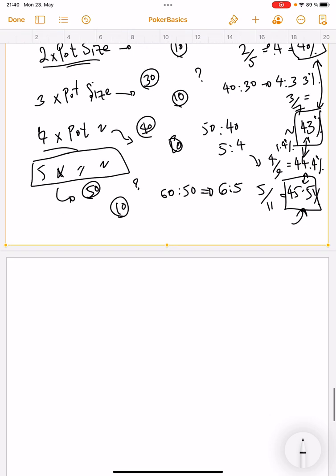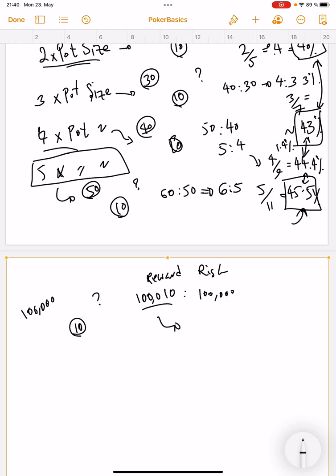Now we want to go to an extreme example. The extreme example is, suppose that you have 10 here, and then the guy bets 100,000, and you want to say, what should I do? So this will be 100,010, and this is your reward, and your risk will be 100,000, right?